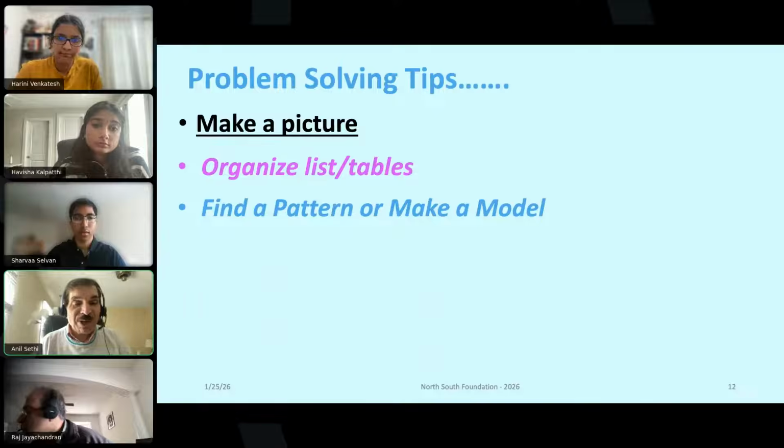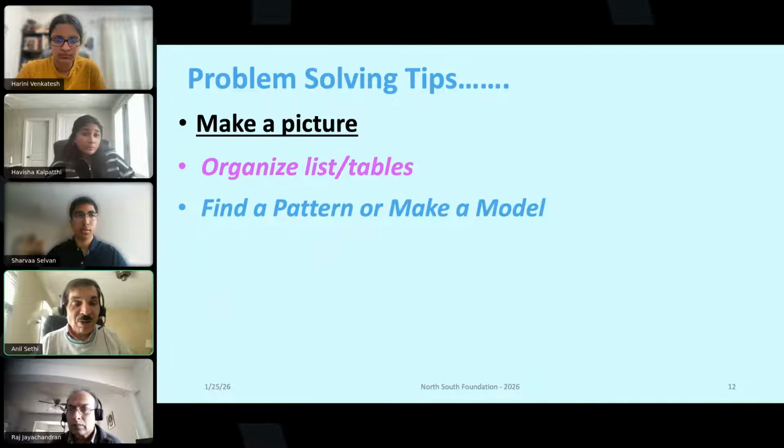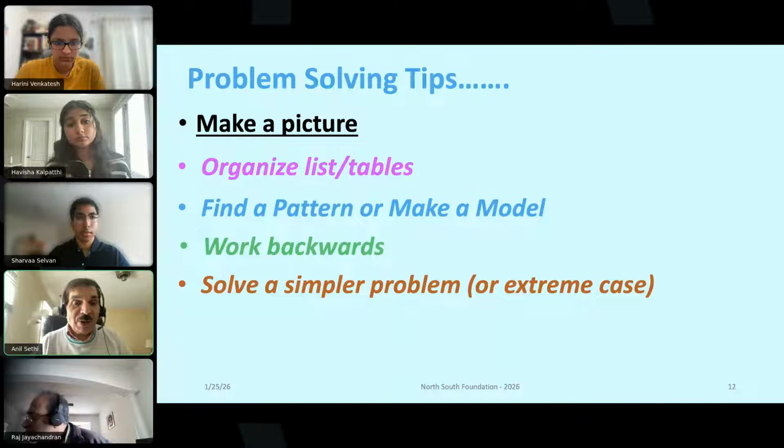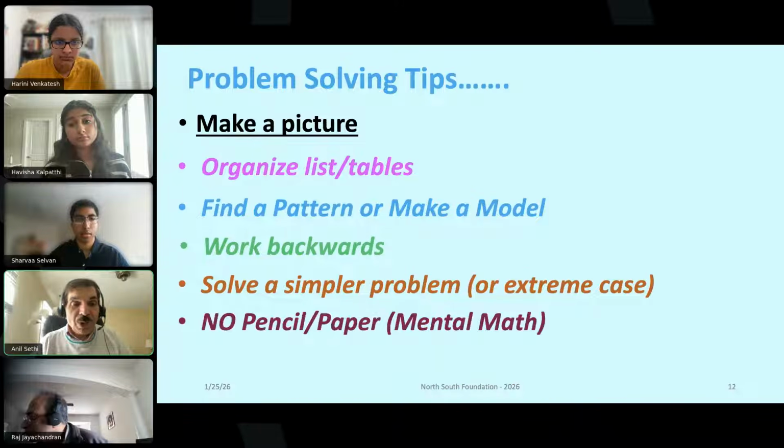Sometimes the problem may seem very difficult because it's got large numbers, but if you make a simple pattern or a model, you start simple, you'll find that the problem is actually quite easy to solve. And sometimes you may have to work backward instead of going forward, and see what the input should be to get to the answer. And we already covered no pencil, paper, and mental math.